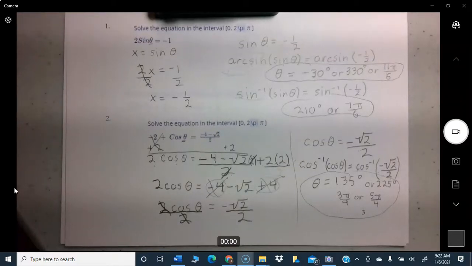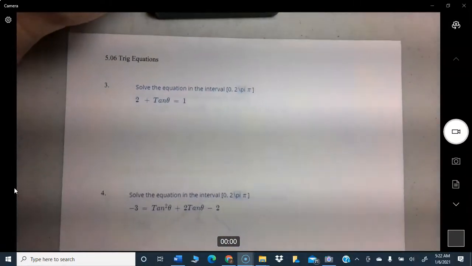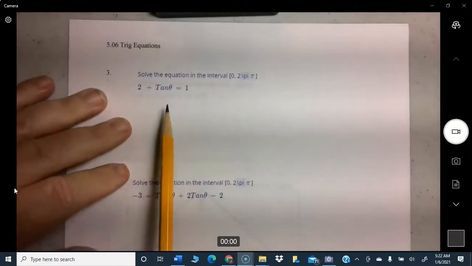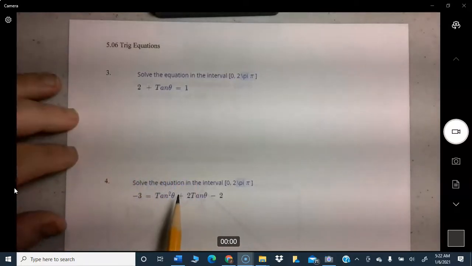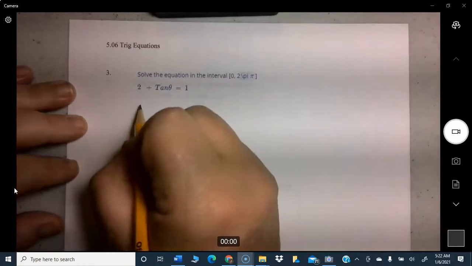All right, let's move on to number 3. Start moving a little faster on some of these. Okay, this is simple enough we don't really have to substitute x equals tan theta. It's a simple problem. So what you're going to do is simply just solve for tangent theta.